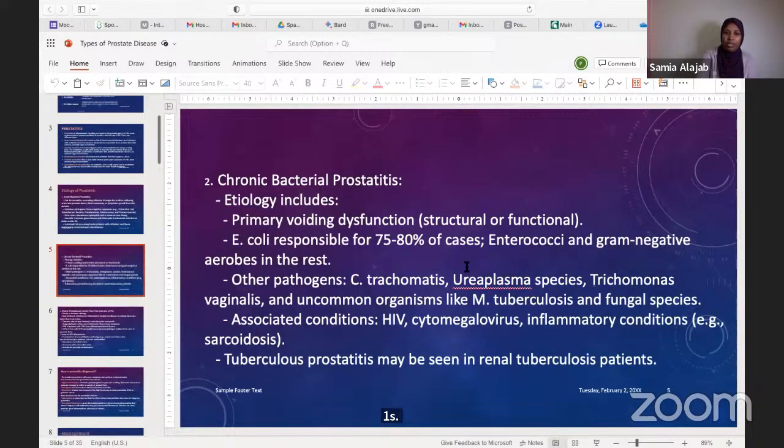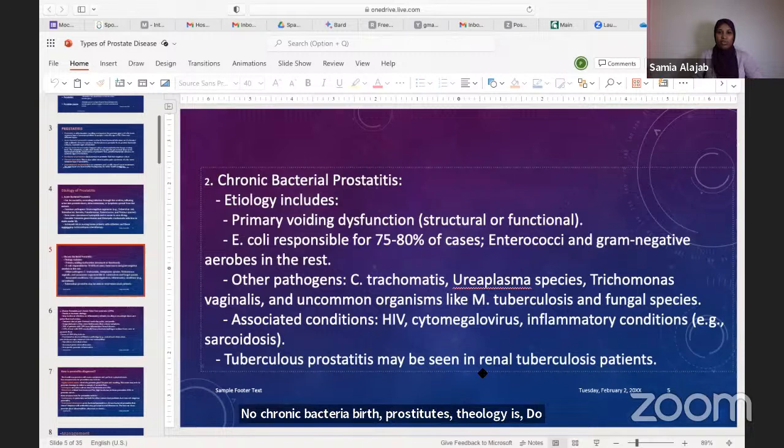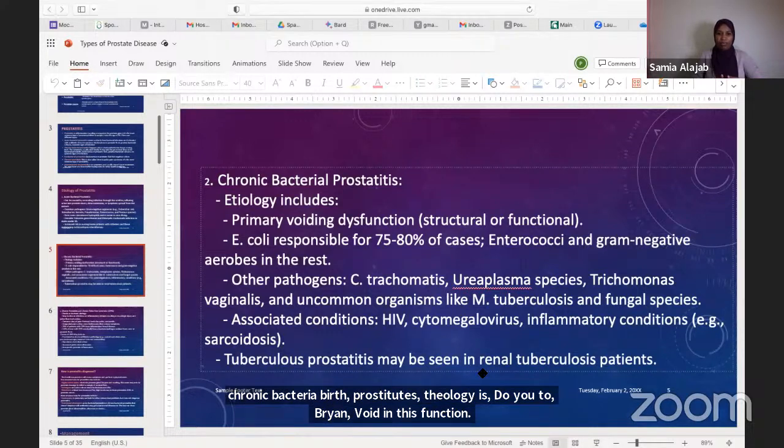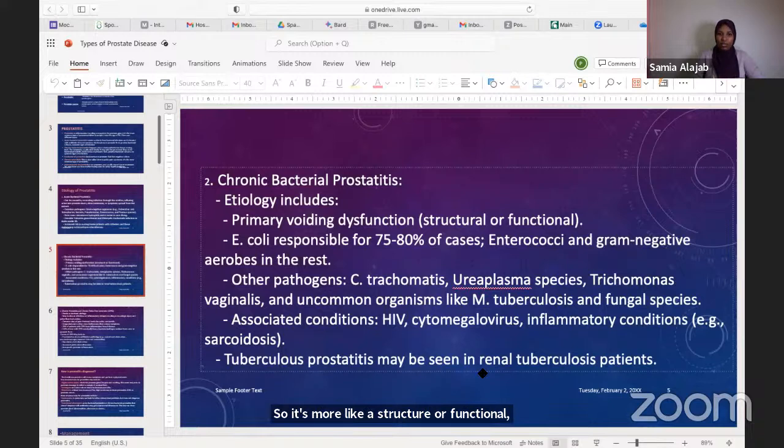Chronic bacterial prostatitis etiology is due to primary voiding dysfunction, so it's more like a structural or functional problem. Again, E. coli accounts for 75 to 80% of cases, with Enterococci and gram-negative aerobes in the rest. Other pathogens include Chlamydia trachomatis, Ureaplasma, Trichomonas vaginalis, and uncommon organisms like Mycobacterium tuberculosis and fungal species.